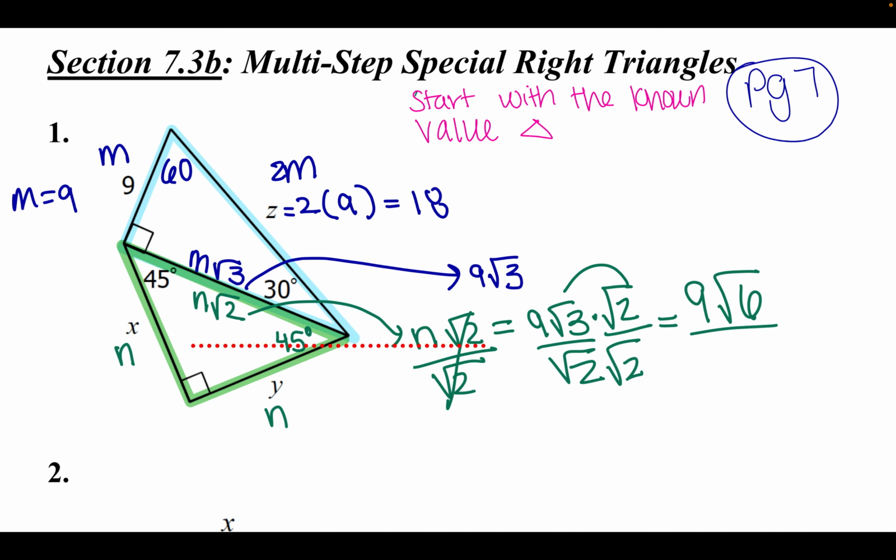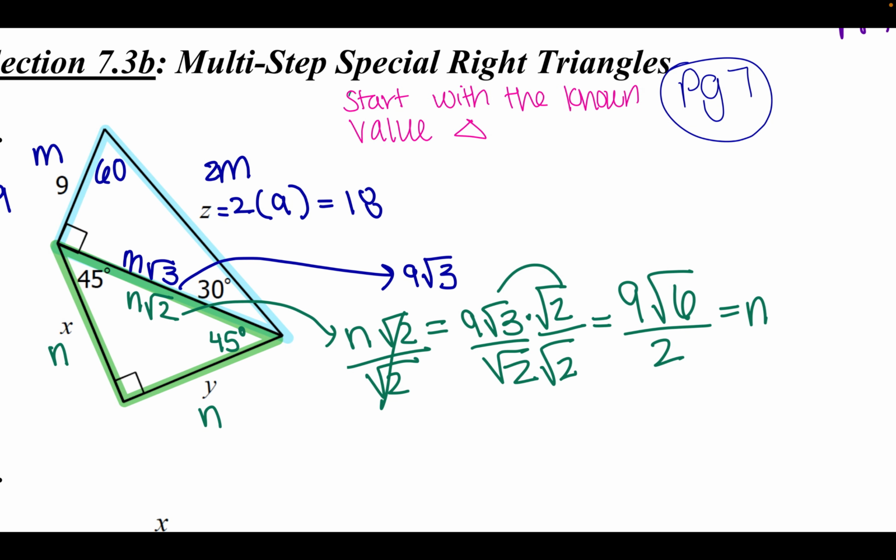The bottom, we get the square root of 4, which is just 2. So this is what n is. And then we know that n is also x and y. So x is equal to 9 square root of 6 over 2, which is that same value for y.